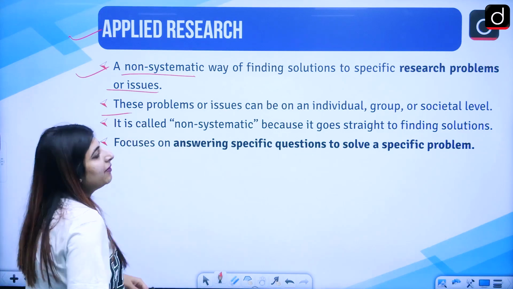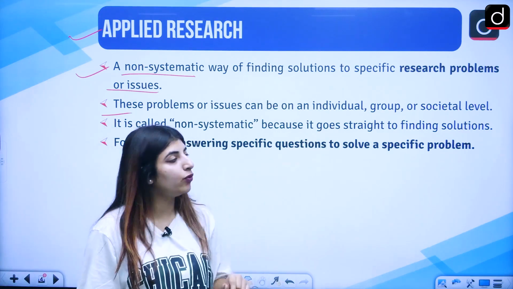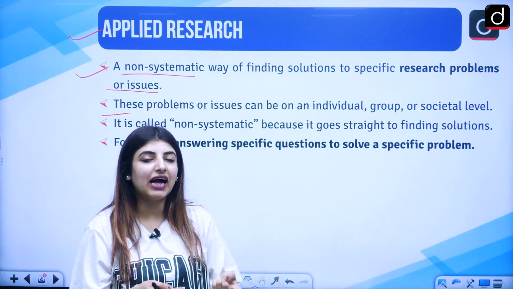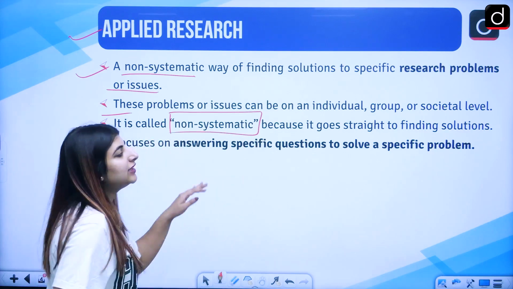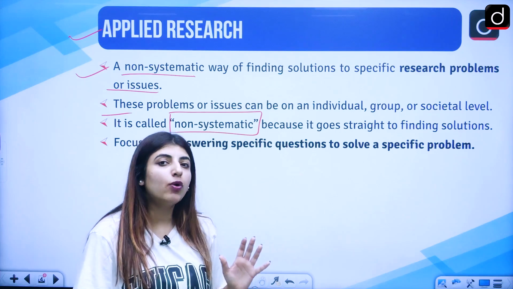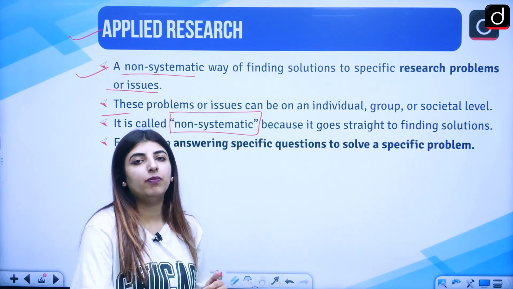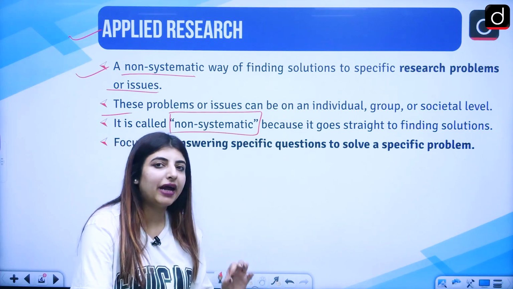These problems can be on an individual level. These can be on a group or a societal level as well. It is called non-systematic because it goes straight to finding solutions. So when you want the solution to a problem, you know what kind of research you want. You would like to do applied research.